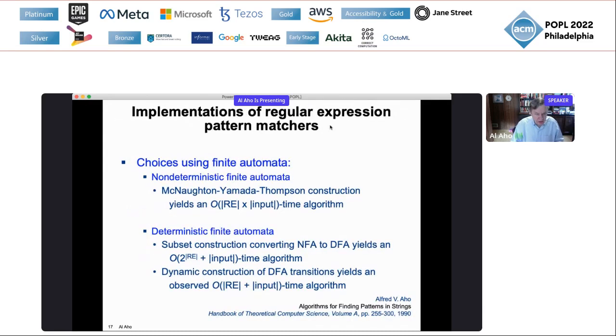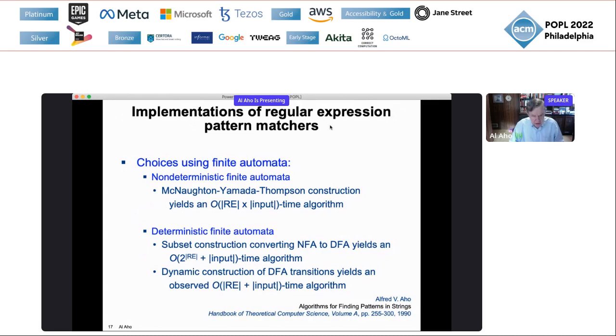There are several different algorithms for implementing regular expression pattern matchers with wildly different running times. In the late 1960s, Ken Thompson at Bell Labs used a just-in-time simulation of a non-deterministic finite automaton in his QED and grep programs to search for regular expression patterns in an input string in time that is linear in the product of the length of the regular expression times the length of the input string.